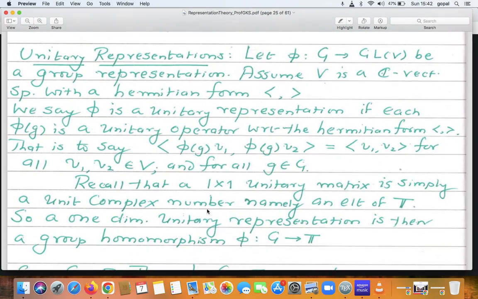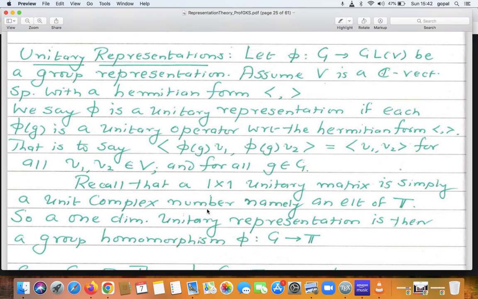Unitary representations. Now, what does a representation mean? A representation is a group homomorphism from G to GL(V). Now we are going to work with a complex vector space endowed with a Hermitian form.